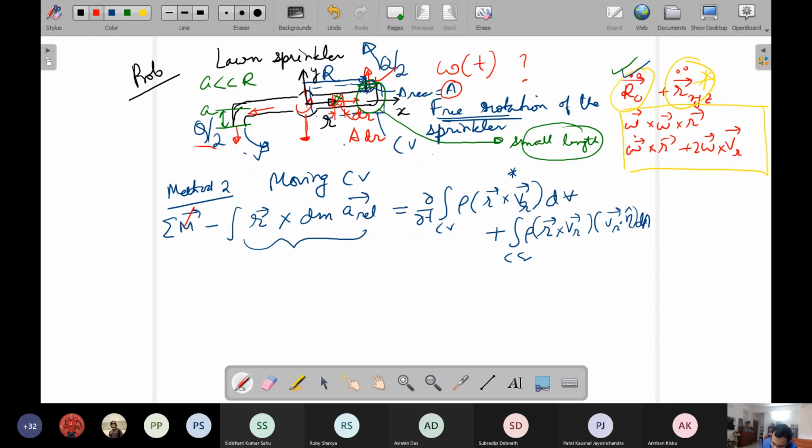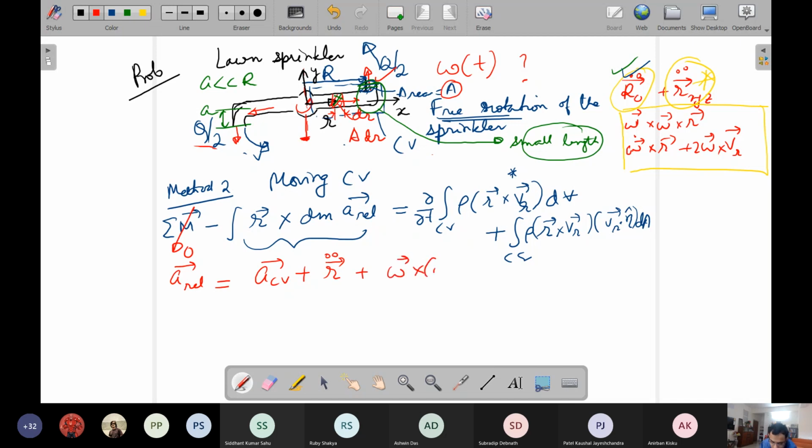So this is 0. Now let us first write the relative acceleration. What is that relative acceleration? This is the acceleration of the control volume plus r double dot plus all these angular terms.